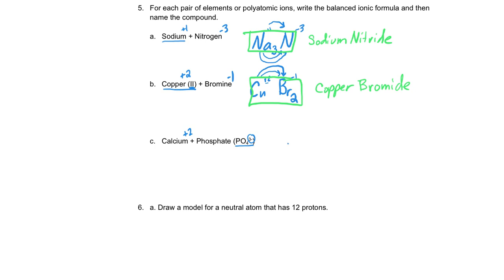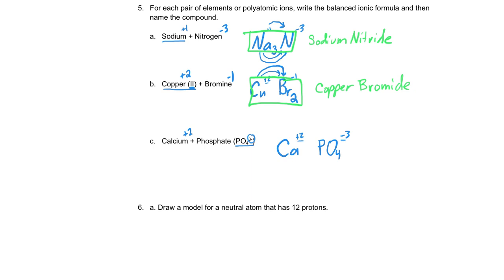And so when we put the calcium, which is +2, and the phosphate, which is PO4, which is -3, that's going to be a little bit harder to match up. We need to find the lowest common multiple. I can't just put 2 calciums because then I would need 4 electrons to give away. And so I need to find the lowest number that has both 3 and 2 in it.